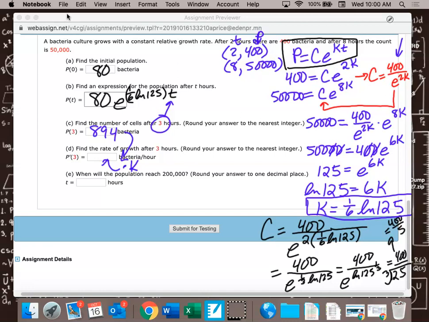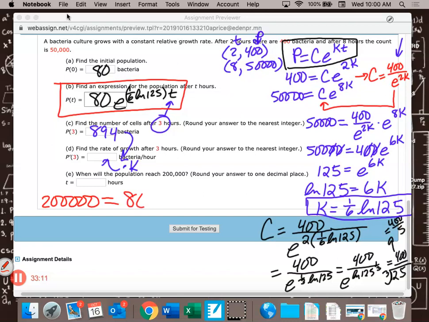Okay, so when will the population reach 200,000? So this is my population formula right here. So I need to say 200,000 equals, and then you put your population formula. In my case, it's 80e to the 1/6 ln 125 times t.